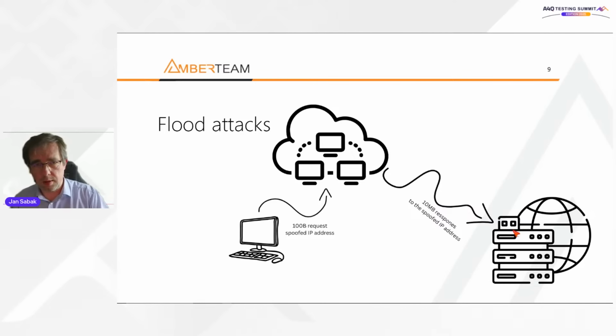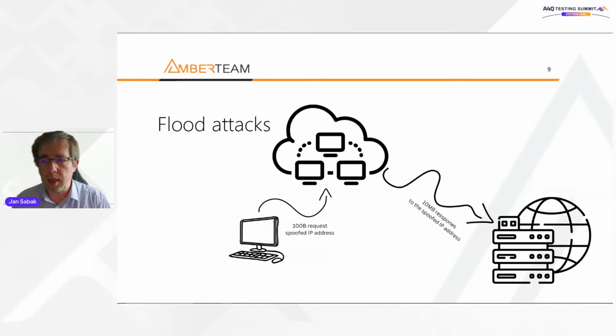It's called an amplification attack because from, for example, 100 bytes of request, you receive 10 megabytes of response. So the 10 megabyte response goes to the attacked computer with this spoofed IP. As you can imagine, 100 bytes here and 10 megabytes there is like 10,000 times more network throughput generated.